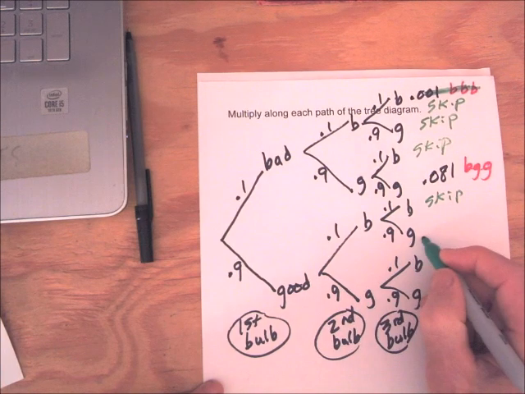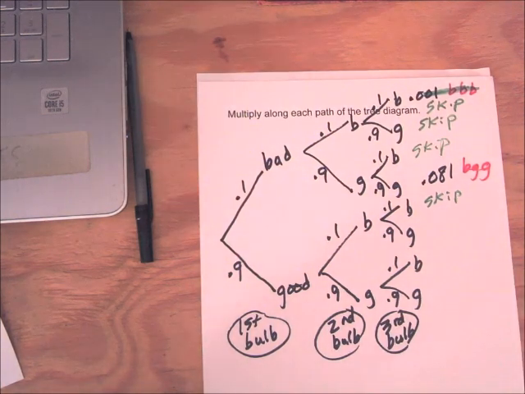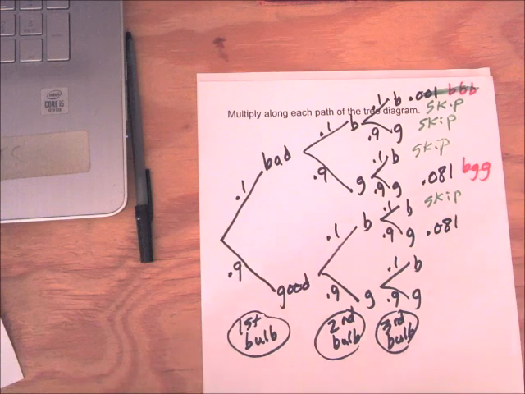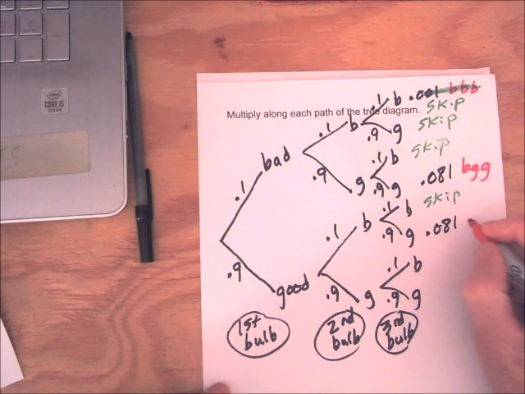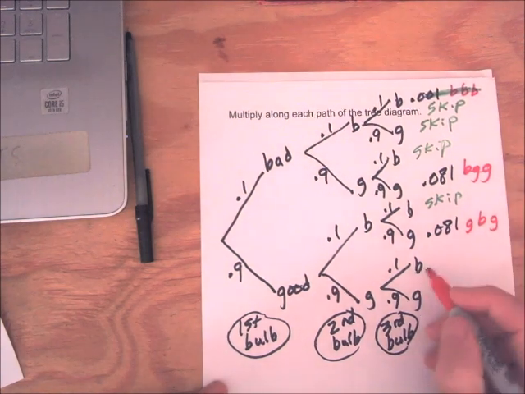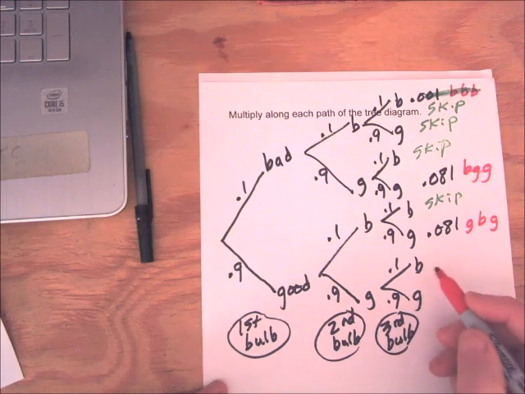Good, bad, good. That's 0.9 times 0.1 times 0.9. That's going to be 0.081. And that's good, bad, good. And then next path, good, good, bad.